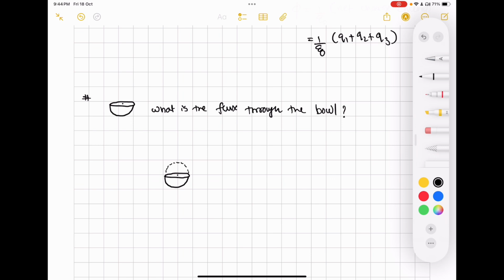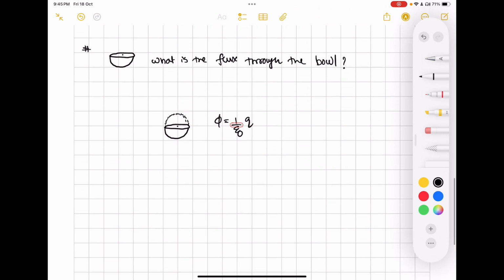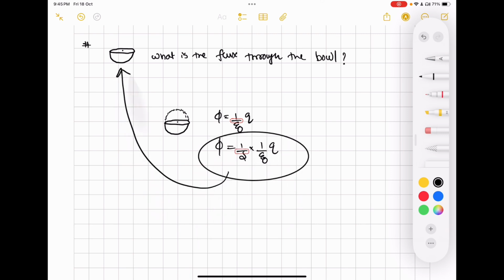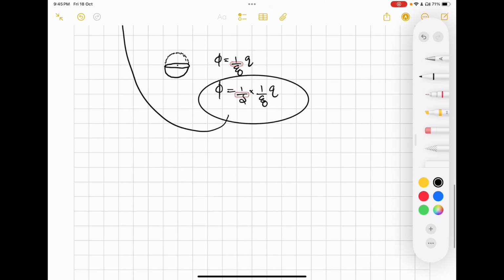We will assume it is a closed sphere. If it is a closed sphere, flux through that sphere will be 1 by epsilon 0 q enclosed. Since it is a hemisphere, the flux through the hemisphere will be 1 by 2 times 1 by epsilon 0 q. So this is the flux through this hemisphere.